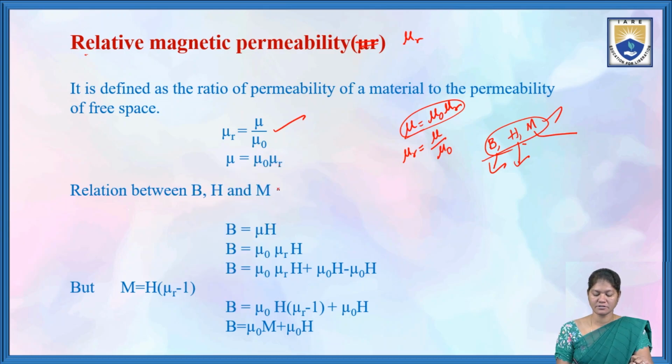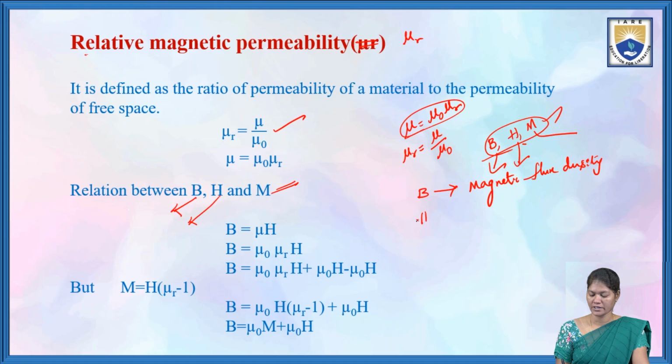What is the relation between B, H and M? B is the magnetic flux density, or else we can say the magnetic induction field strength.